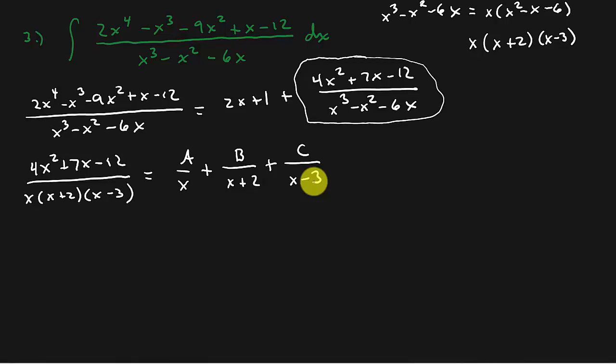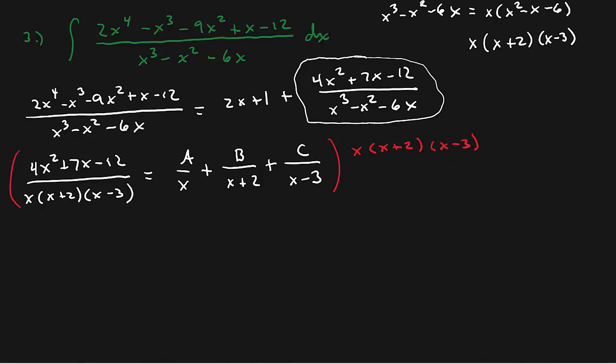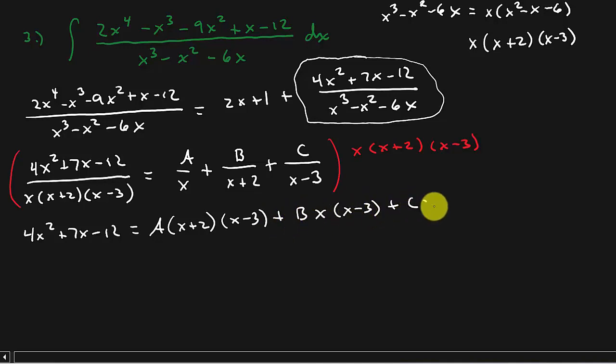So now we're going to multiply everything through by the common denominator. And that's going to leave me with 4x squared plus 7x minus 12 equals a times x plus 2 times x minus 3 plus bx times x minus 3 plus cx times x plus 2.